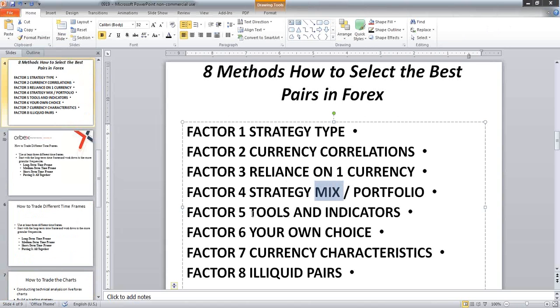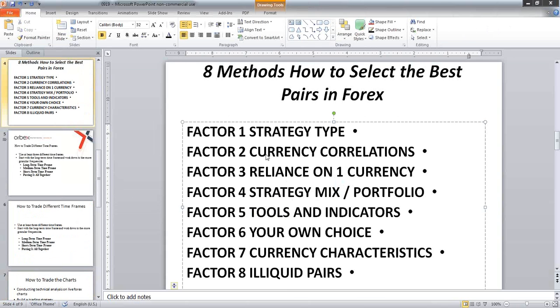The 5th factor that we're going to cover more widely today is using tools and indicators. We're not going to cover the rest of the factors, but we're going to focus on the tools and the indicators. Let's say you already have the first factors ready.